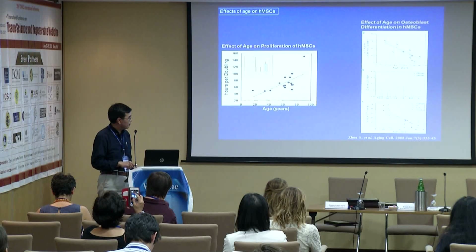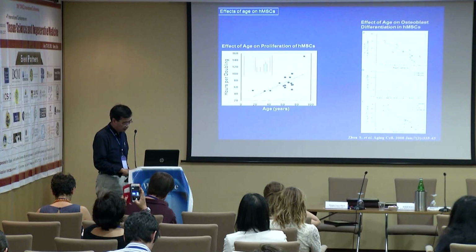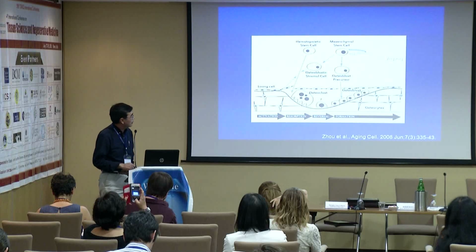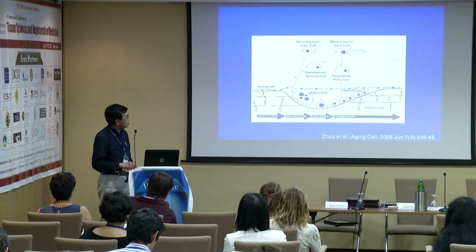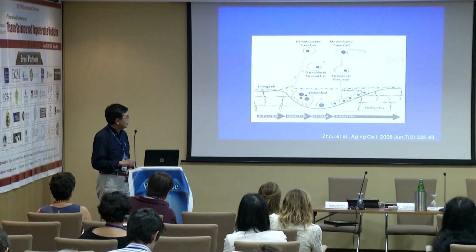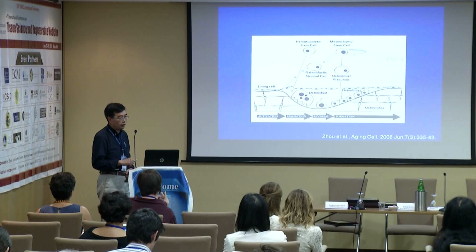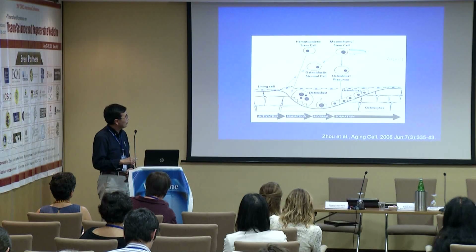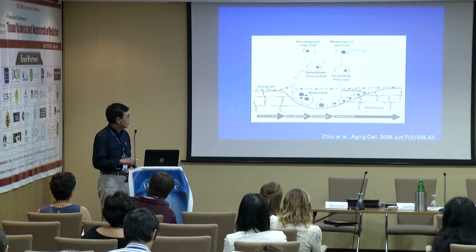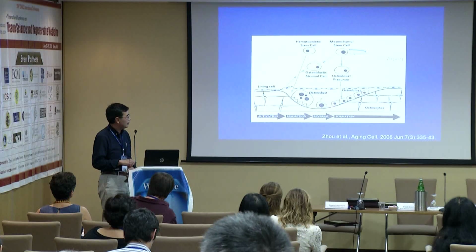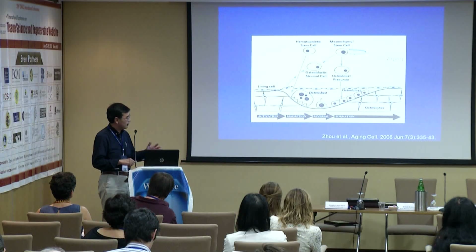That's another method to measure osteoblast differentiation capability, which also decreases with age. To summarize our data, age can inhibit cell self-renewal or proliferation, and also decrease differentiation capability. That's why with age you have fewer stem cells, the stem cells have less differentiation capability, and then you have fewer osteoblasts. Then the bone formation capability is decreased.